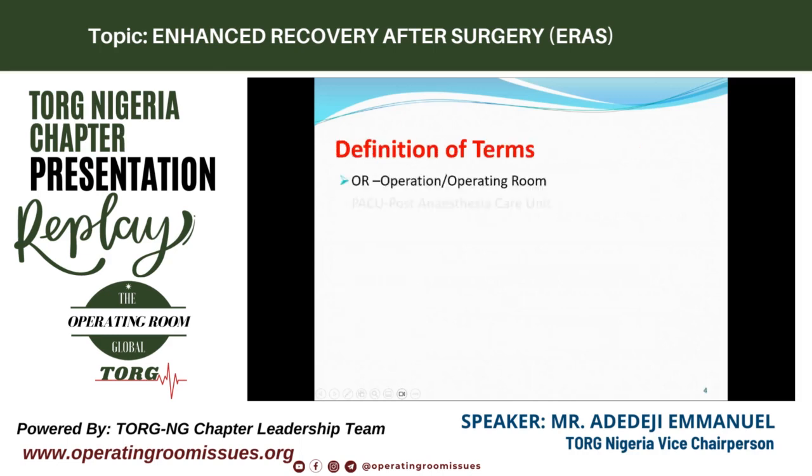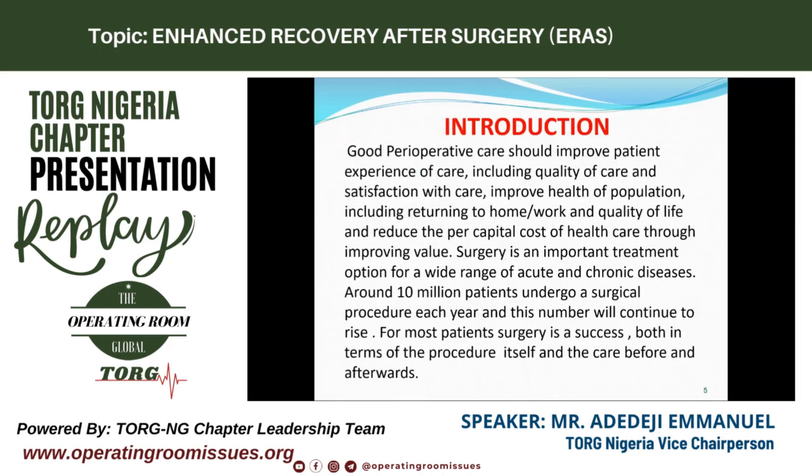Now, permit me to skip all of this. I'm sure we're all familiar with these definitions of terms. Now, therapeutic care should improve patient experience, including quality of care and satisfaction with care, improve health of the population, including returning to home, work, and quality of life, and reduce per capita cost of care through improving value.